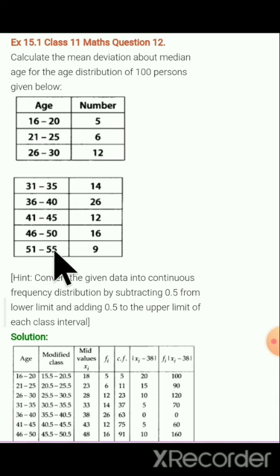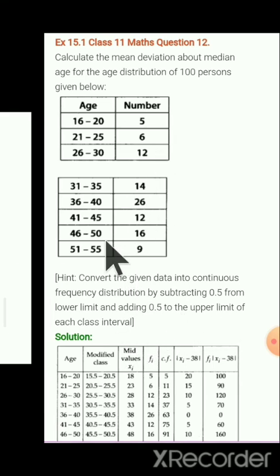Here they have given the age differences, but the upper limit of one class and the lower limit of the next are not the same. So first we have to make these values continuous. Because of that, we subtract 0.5 from the lower limit and add 0.5 to the upper limit of each class interval, and this is the frequency.